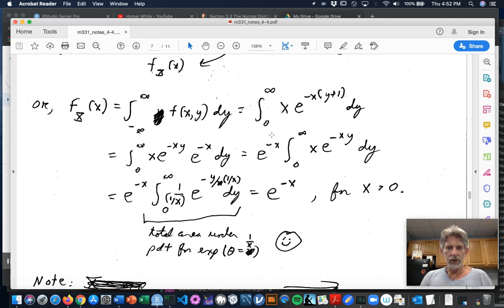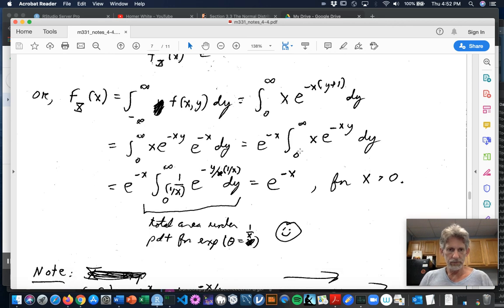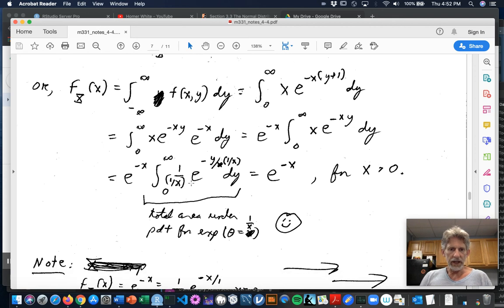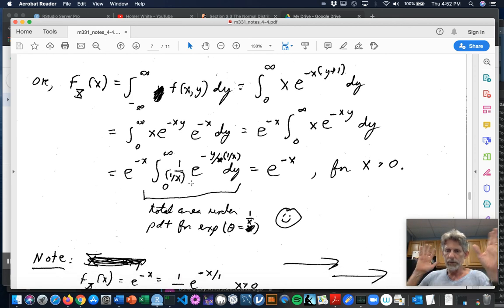What I'm planning to do is to rewrite the integrand here. Instead of x's, I'm going to put 1 over 1 over x. Okay, so I've rewritten it like this. And then I stare at that and I realize, whoa, remember the PDF for an exponential is 1 over theta e to the minus x over theta.